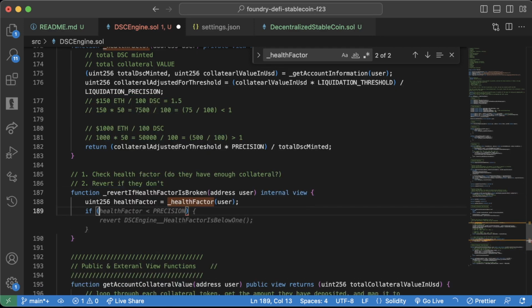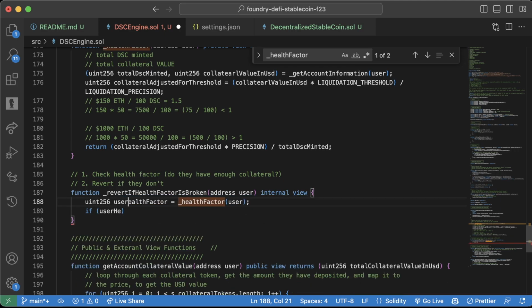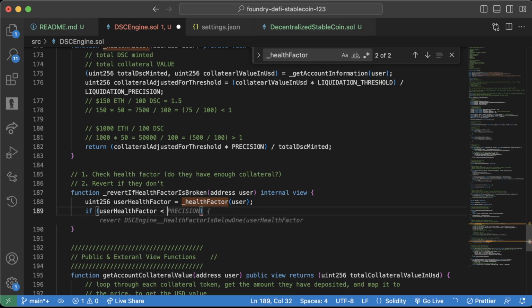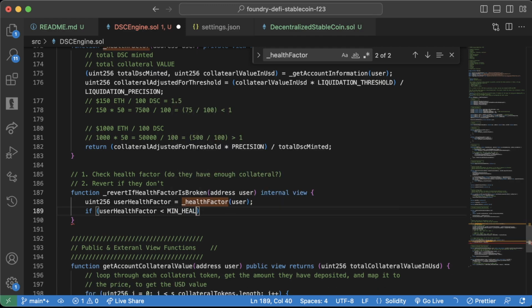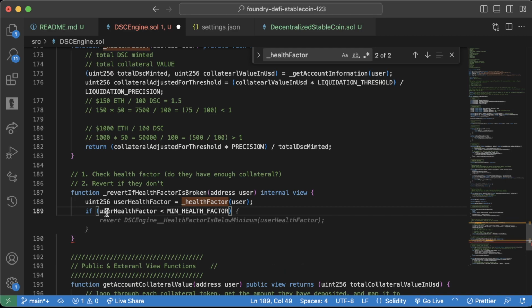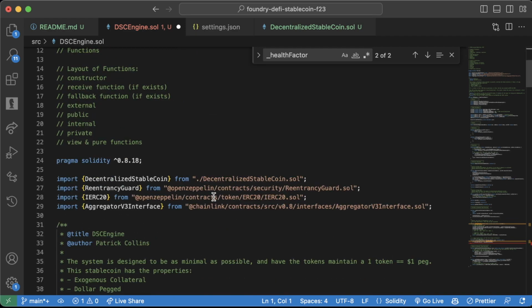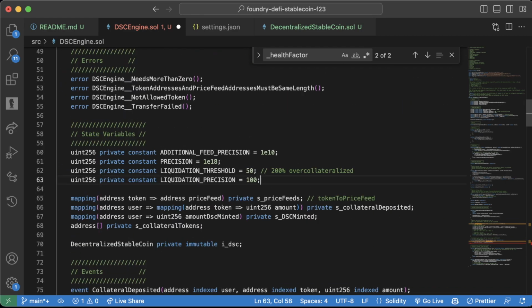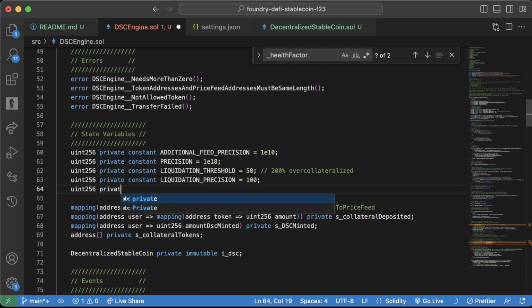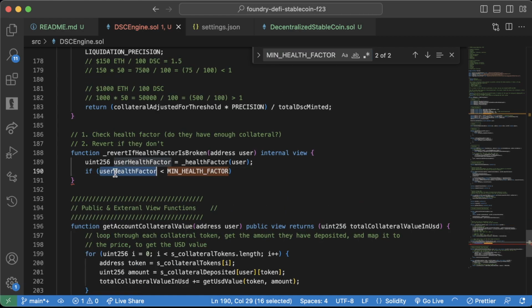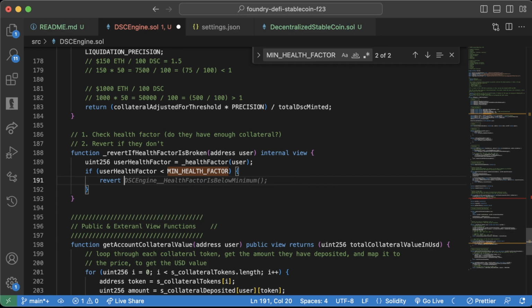And if the user health factor is less than the min health factor, which is going to be 1, let's go ahead and create this. Let's go to the top because we hate floating numbers. uint256 private constant min health factor equals 1. If the user health factor is less than the min health factor, then we're going to go ahead and revert.